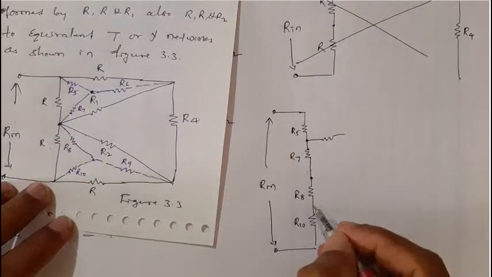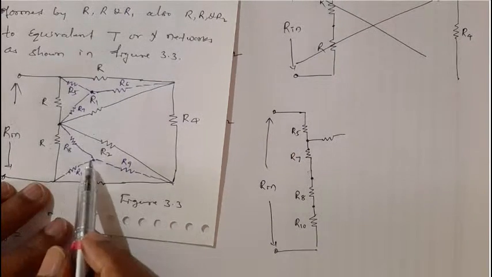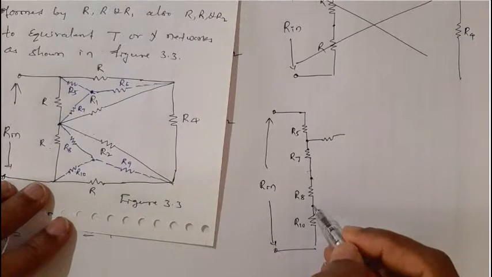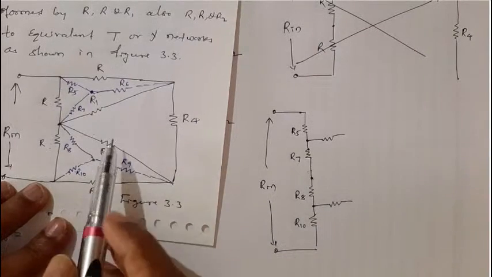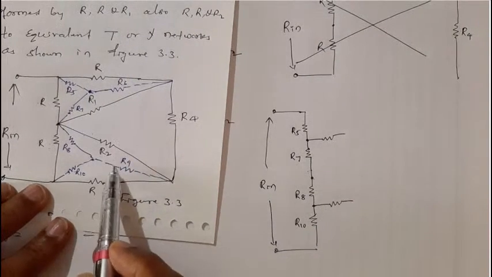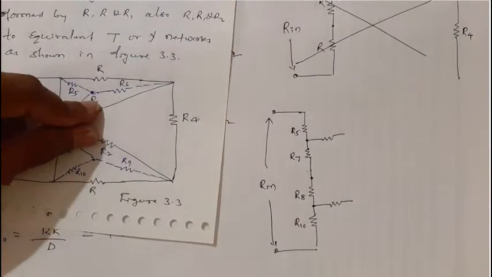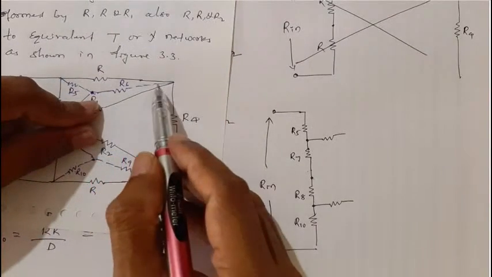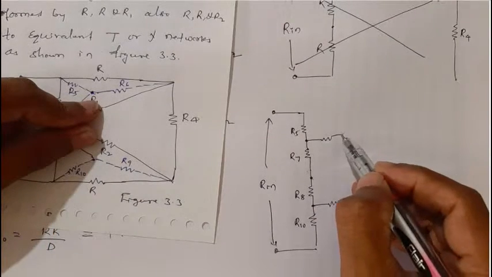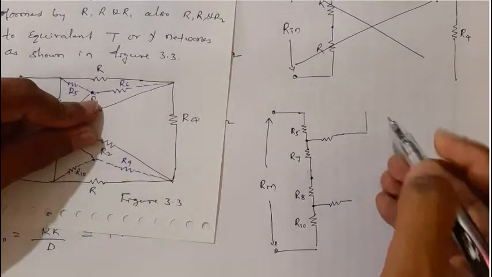Now between R8 and R10, what is connected? R9 is connected, this is R9. And now these two resistors will go directly. This R6 is connected to R4.